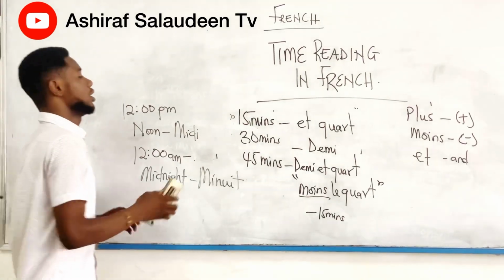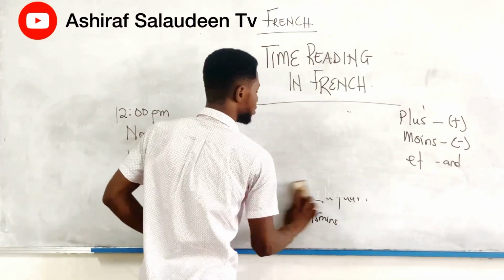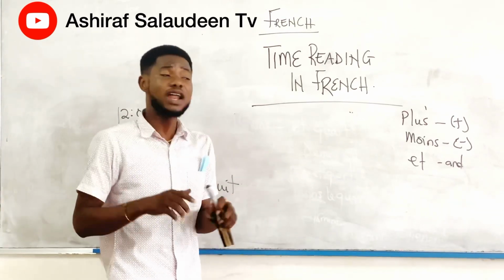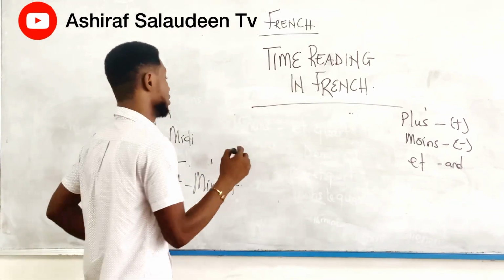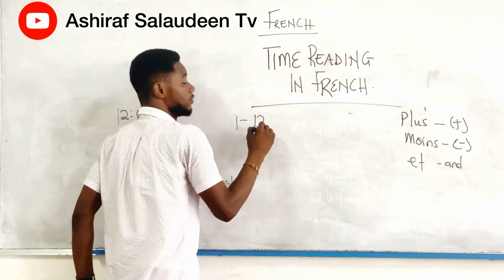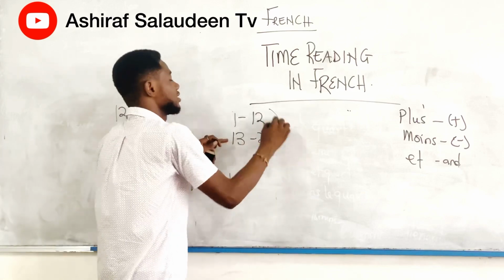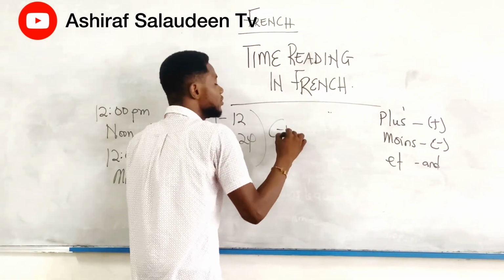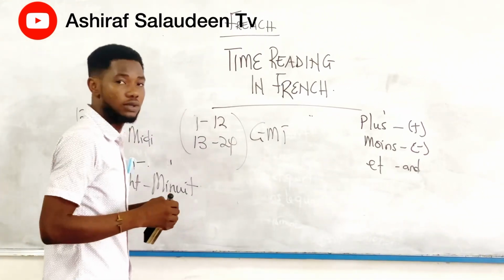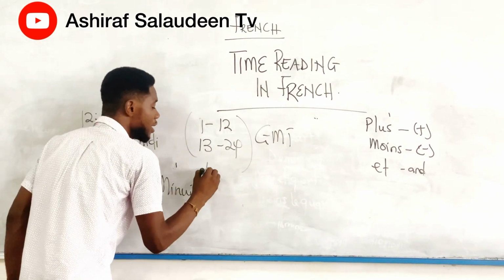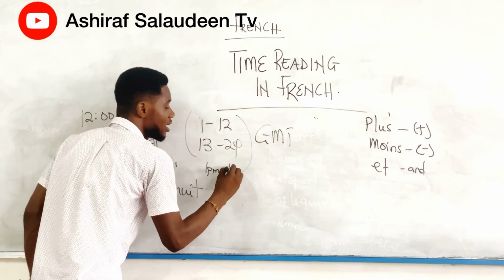Alright, good. Now the last thing I'm going to talk about is the fact that we generally know that there are 24 hours. 1 to 12, 13 to 24. This is GMT. From 13, it becomes 1 p.m. So 1 p.m. is 13 hours.